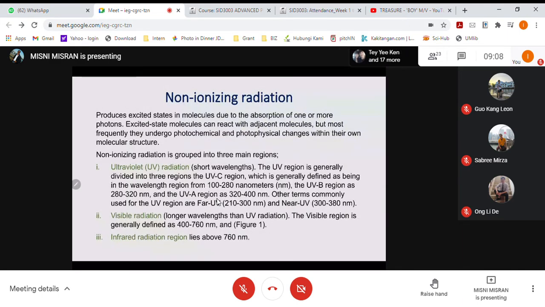And the second one is the visible radiation. This is the wavelength that our eyes can see, especially those with colors. Okay. Beyond that, we have infrared radiations. Of course, we cannot see the infrared radiations.